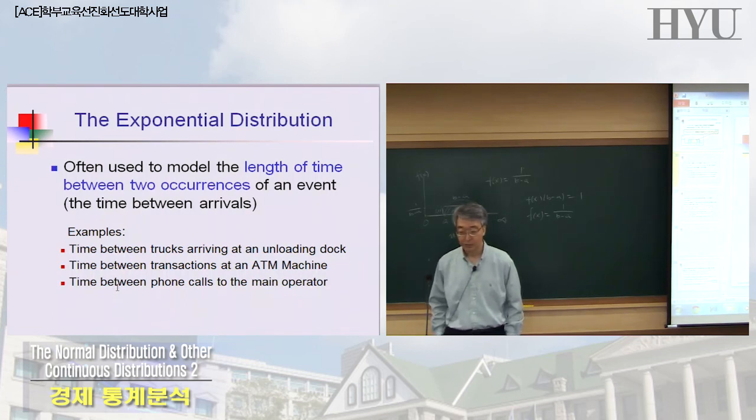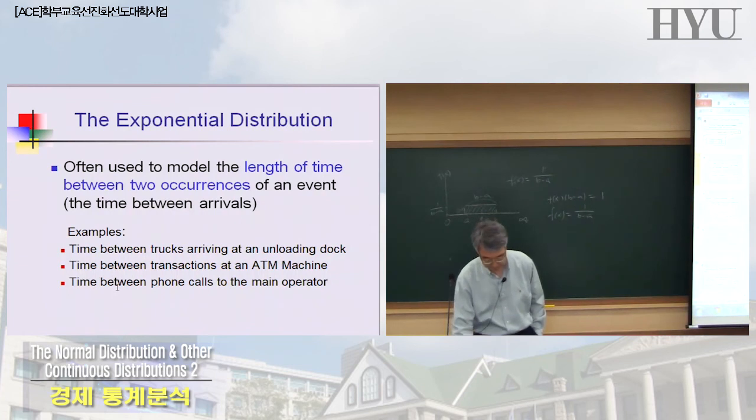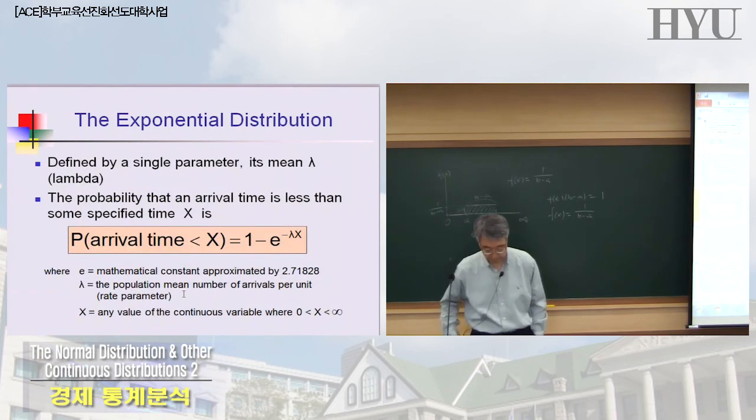I guess in Korean it's called the 현금 인출기. So it may be an interesting thing to know for a bank. Time between phone calls to the main operator. Again, as I said, in call centers, this is a very important piece of information to find out.